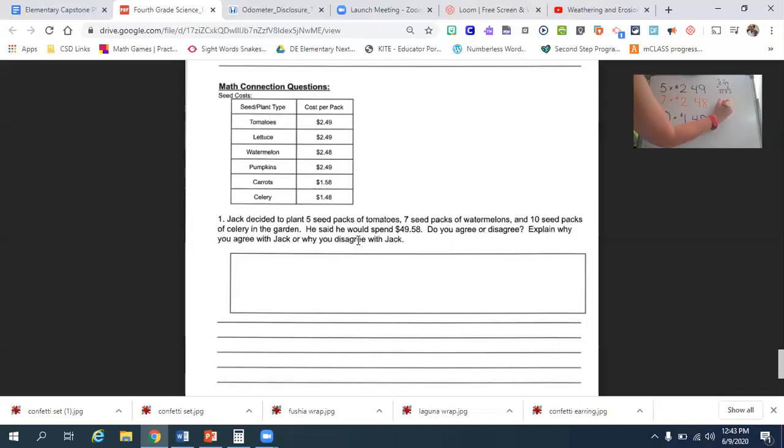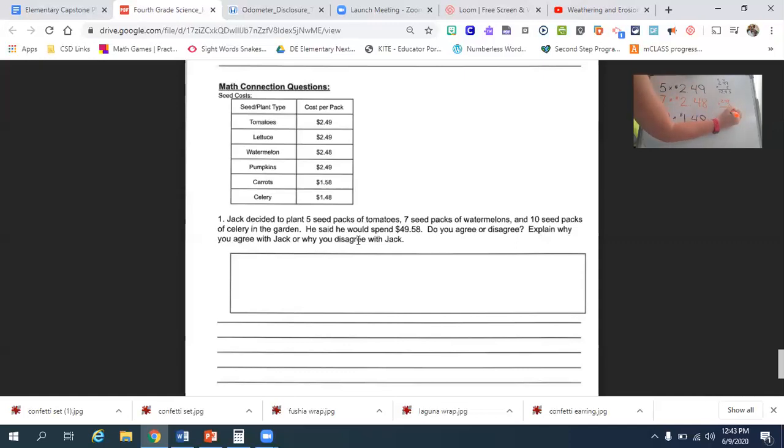Let's figure out how much my watermelon is. $2.48 times 7. Let's multiply that out. 8 times 7. What's 8 times 7, my friends? Draw your circles, figure it out. Okay, 56.